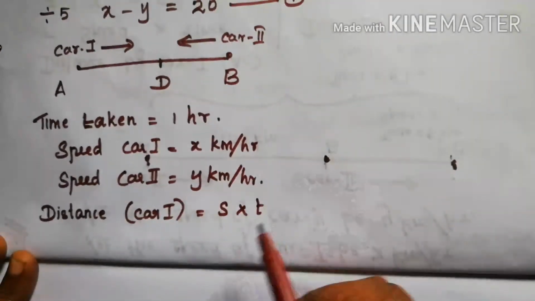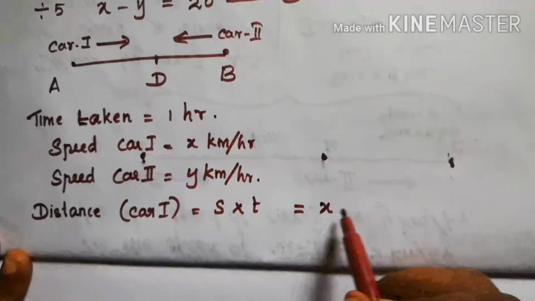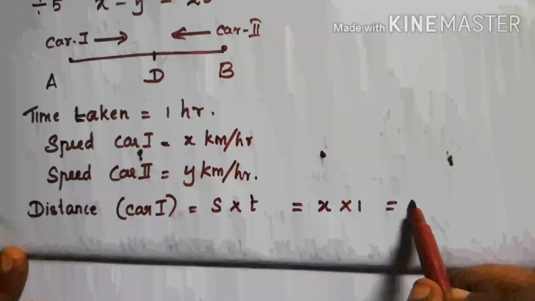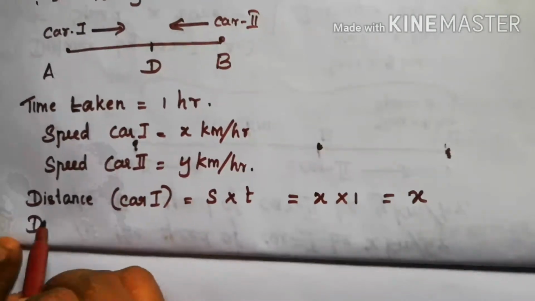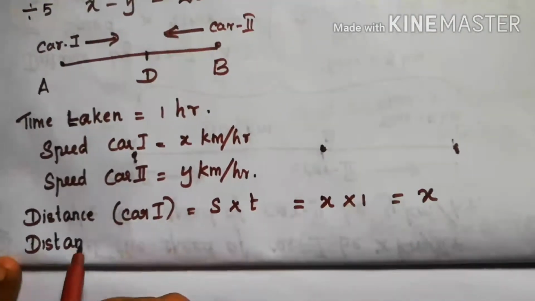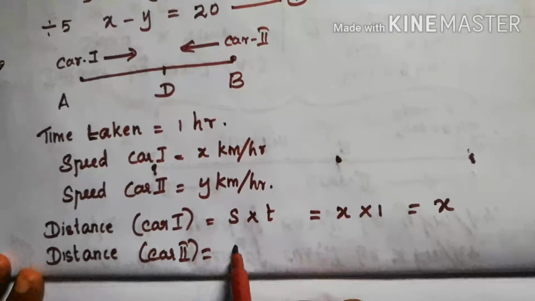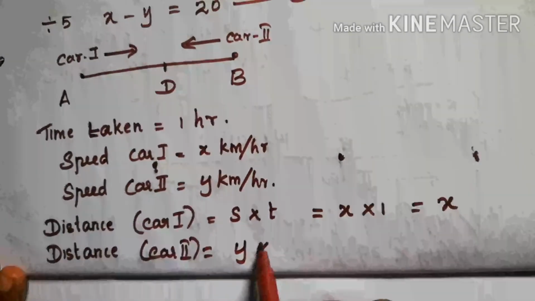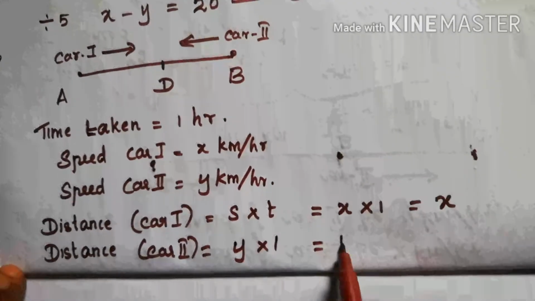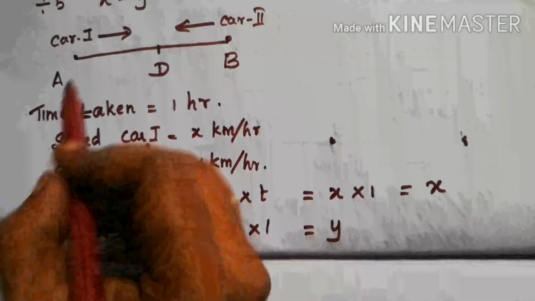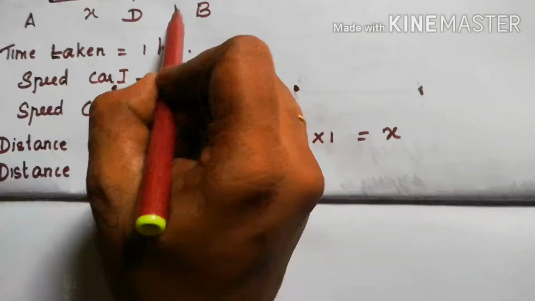Speed into time. What is our speed here? x. And what is the time taken? 1 hour. So you get x kilometer. And the distance traveled by car 2 is y speed, and the time taken is 1 hour. So y kilometer. So here x kilometer and here y kilometer.